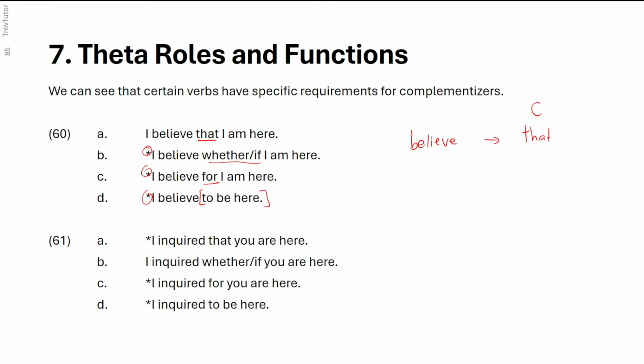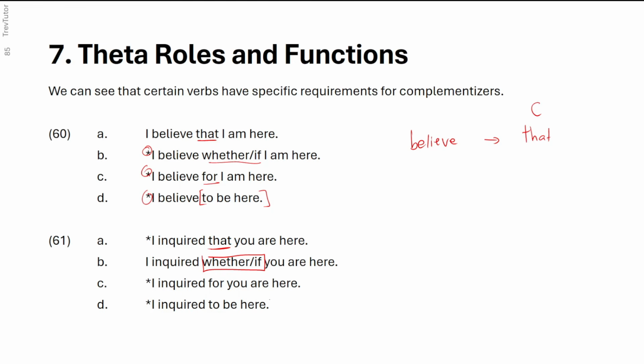Now, if you think about a verb like inquired, we can't say I inquired that you are here. That doesn't sound right. So it doesn't take the complementizer that, but it can take the complementizer whether or if. So I inquired whether you're here or not, or I inquired if you're here.